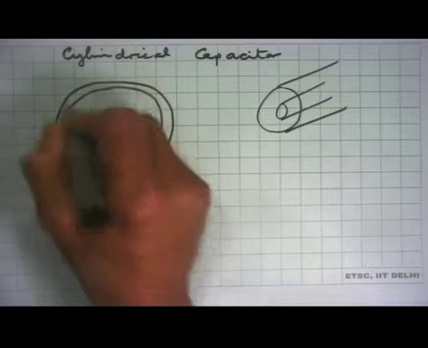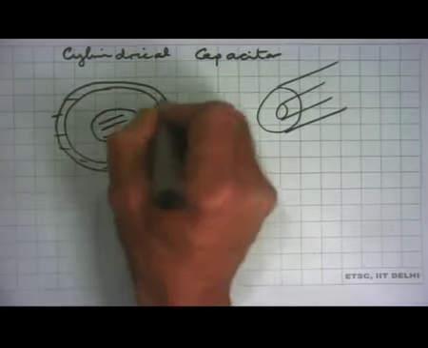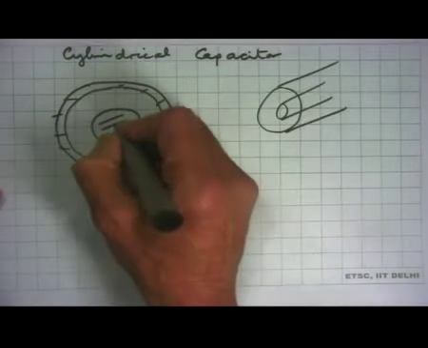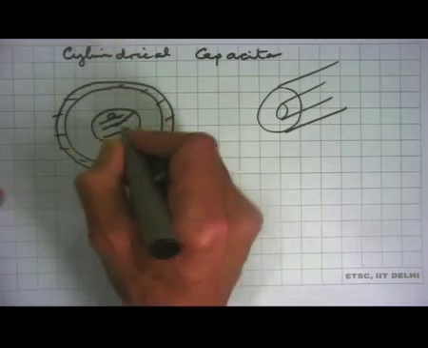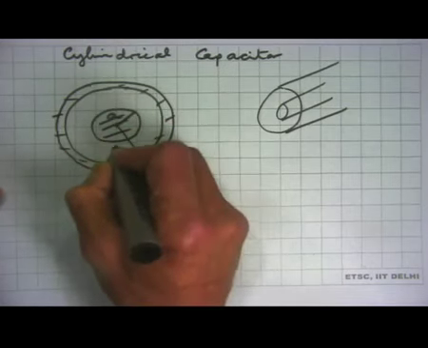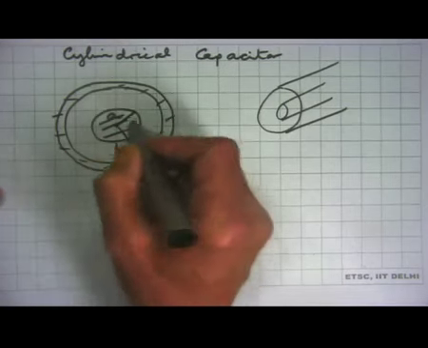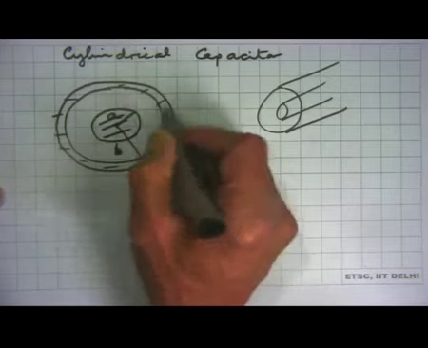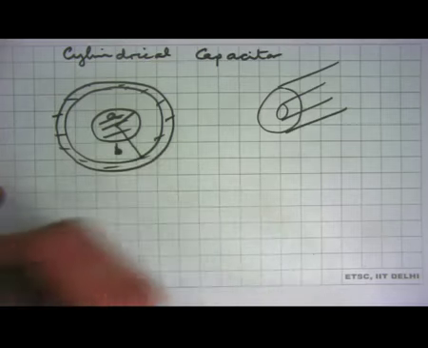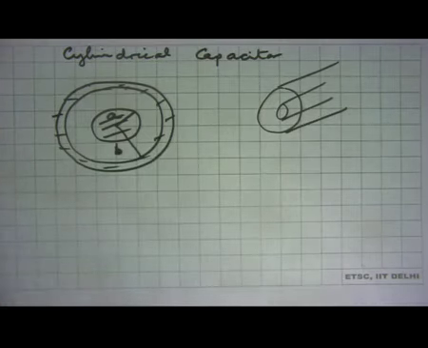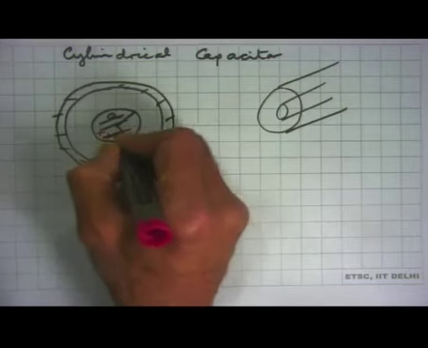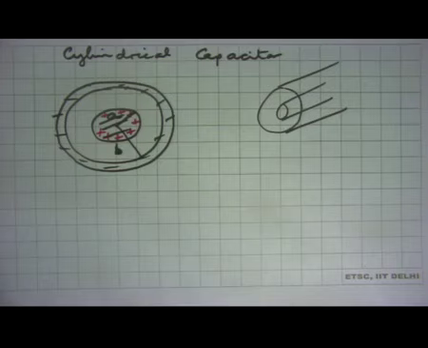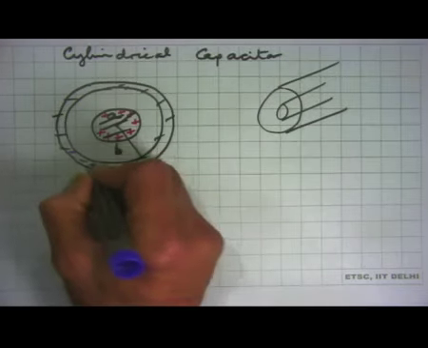This is one conductor, this is another conductor, and they are coaxial. The radius of the inner conductor is a, and the radius of the inner surface of the outer conductor is b. Let me assume that the inner conductor is positively charged and there is an equal amount of negative charge on the outer conductor.